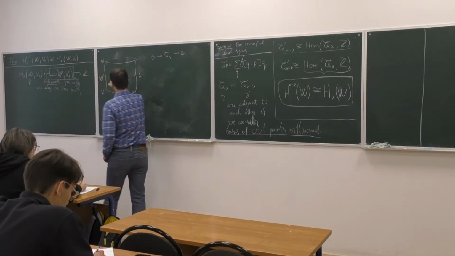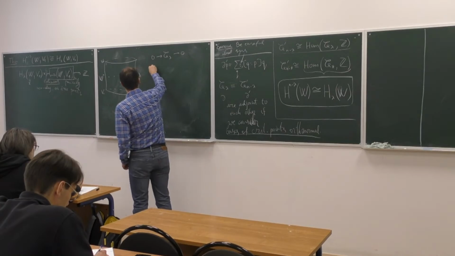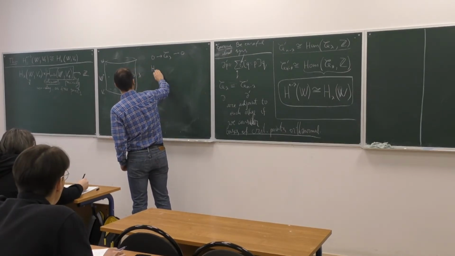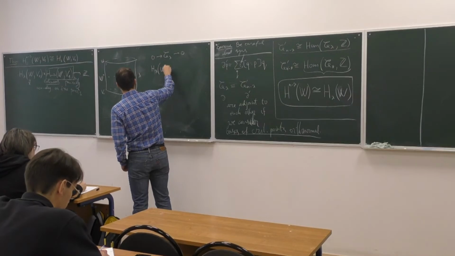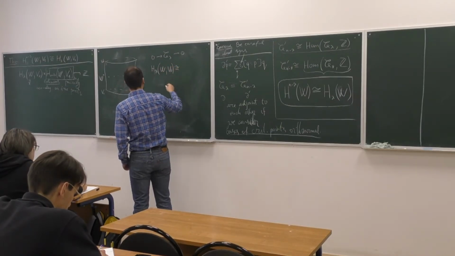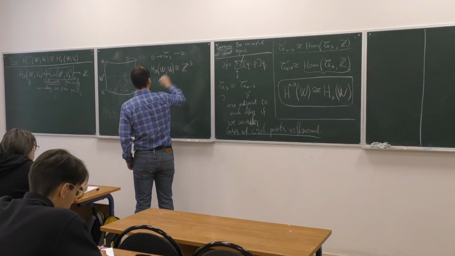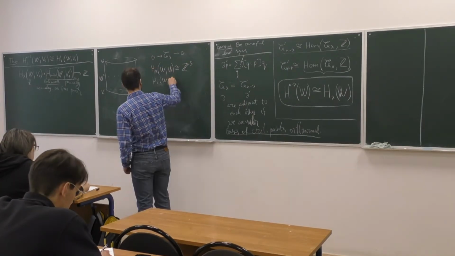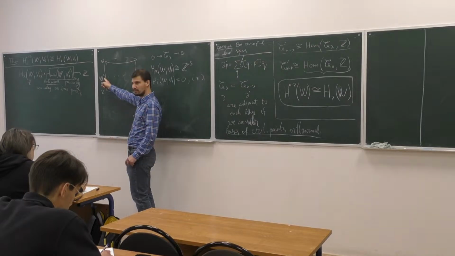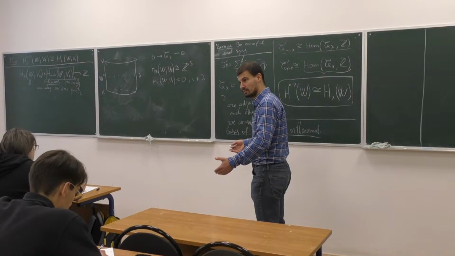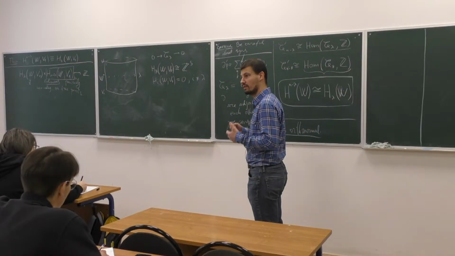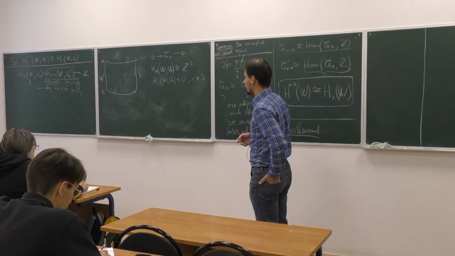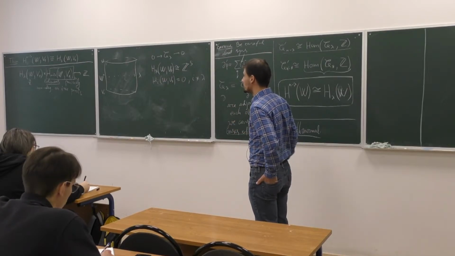Suppose that we have S critical points here, then the relative homology of (W, V0) is isomorphic to Z to the power S. And this group is generated just by those critical points, by left-hand disks of critical points. Okay, this is the initial situation.